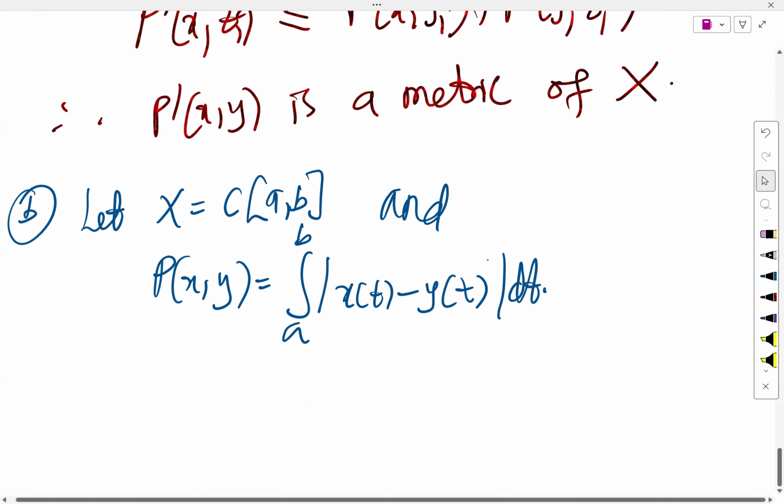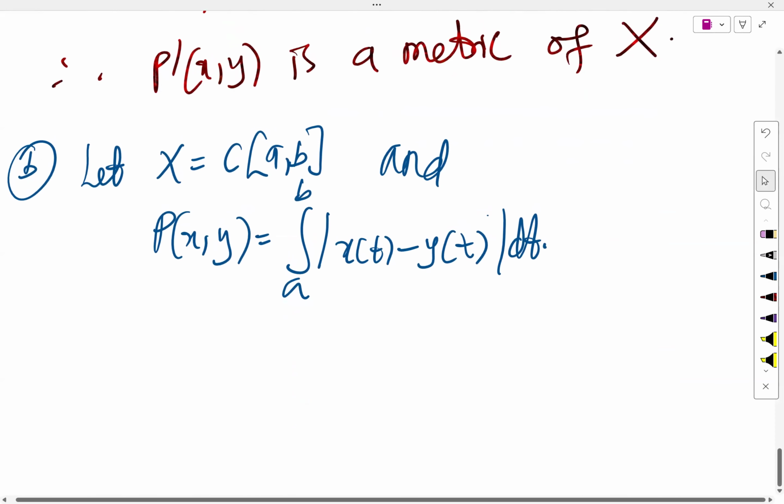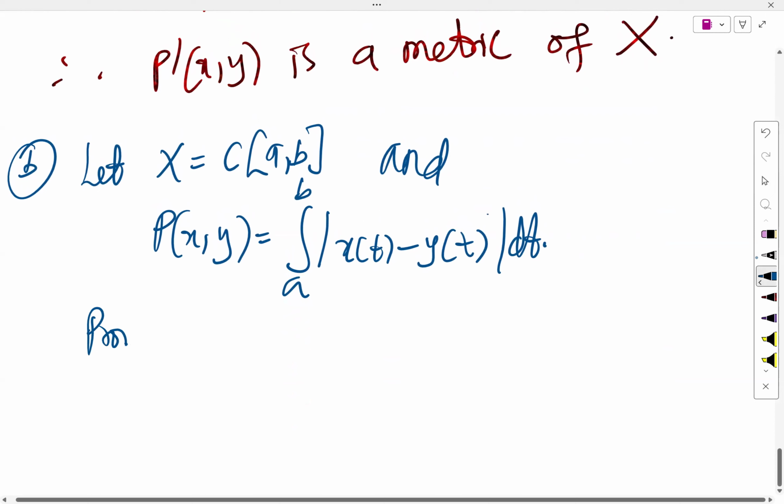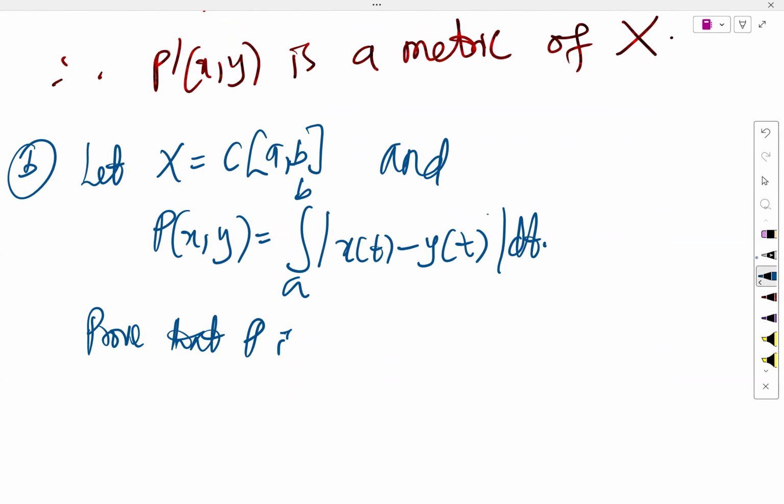Okay, we have that. So we want to prove what we have always proven: prove that P is a metric on C[a,b].